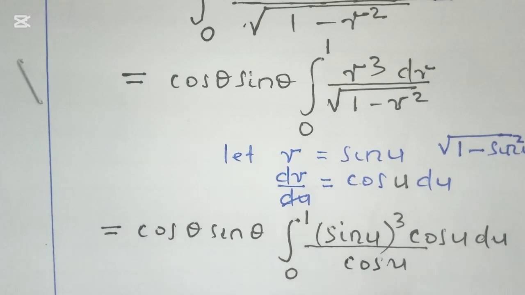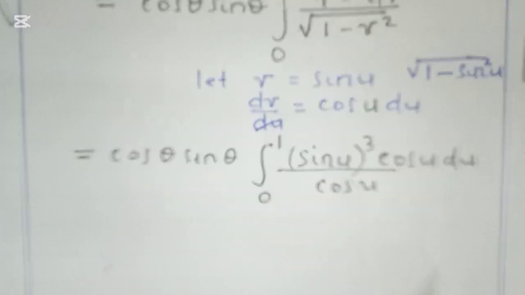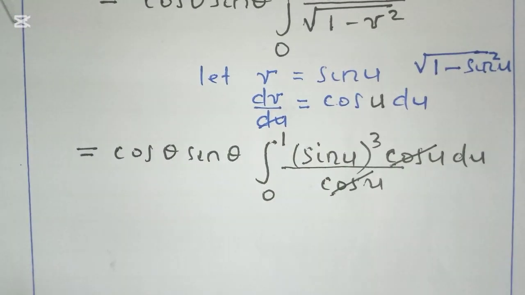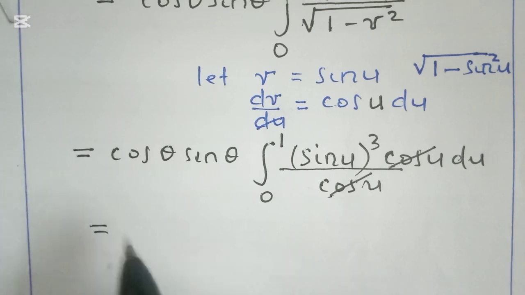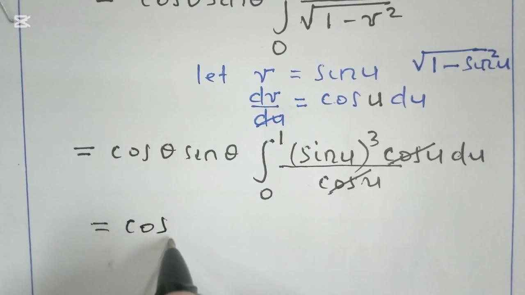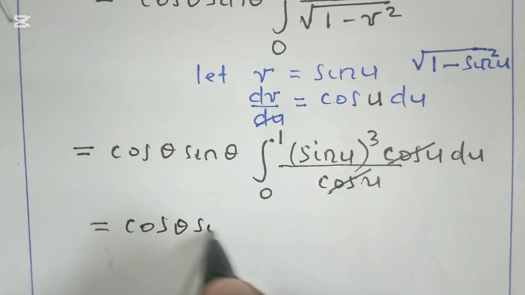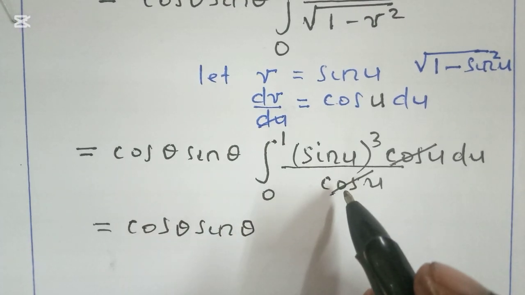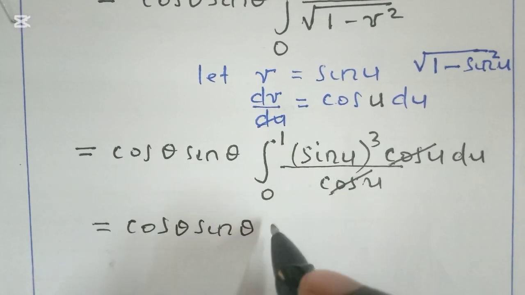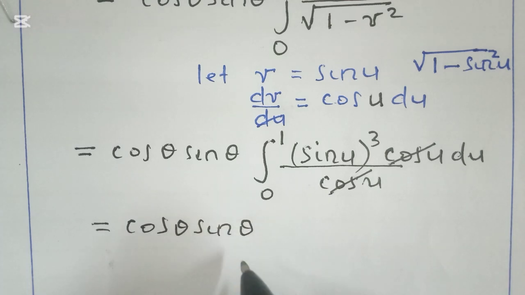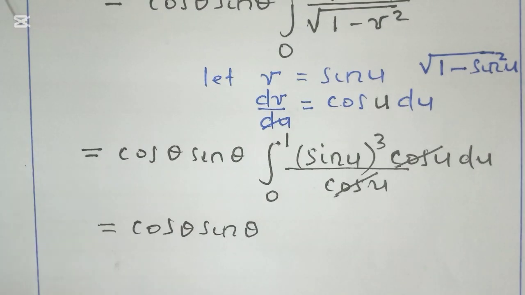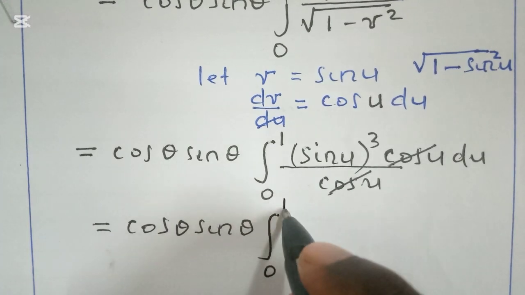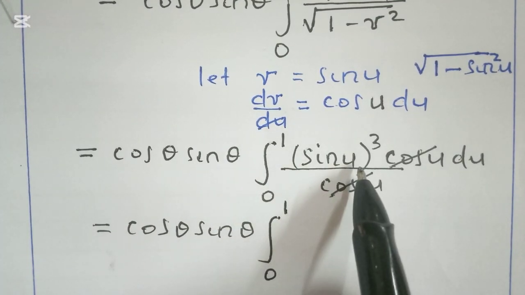So guys, we are now going to cancel that. We can cancel that and that. So we are left with cos theta sin theta, and we come now and integrate that. From 0 to 1, we can divide this one into two.